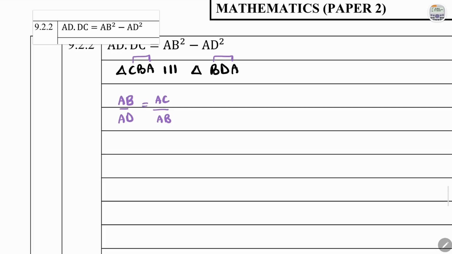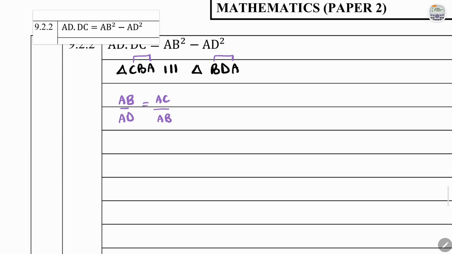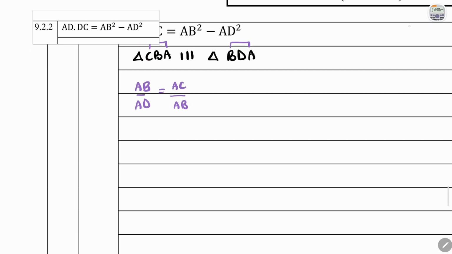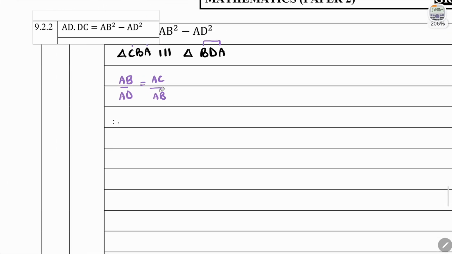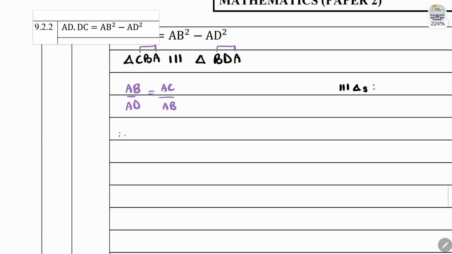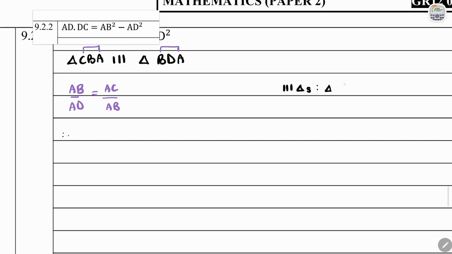Let's see where this goes and whether we can actually reach this or not. When we cross multiply, of course, when using these proportions, we state that this is because we had similar triangles, and you can just state the triangles that were similar. That was triangle CBA similar to triangle BDA.